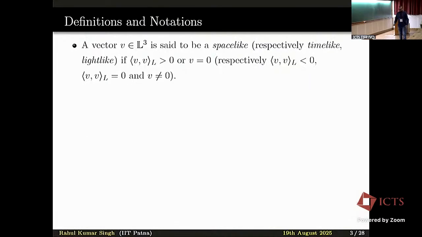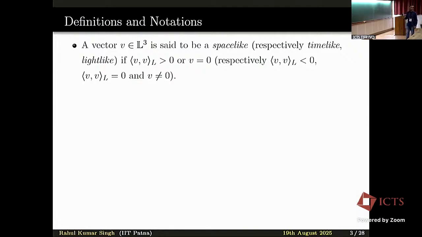Now, let me briefly introduce the Lorentz-Minkowski space and how the objects are defined there. You can see the metric has negative signature. So for some vector, this inner product will give you a negative number. Whenever this happens, we say that such a vector is time-like.